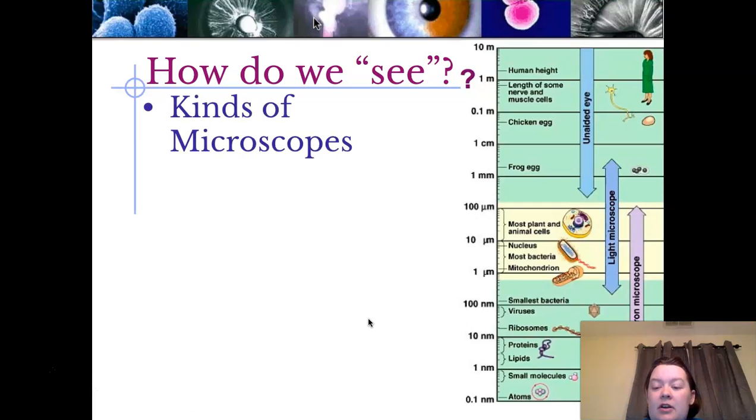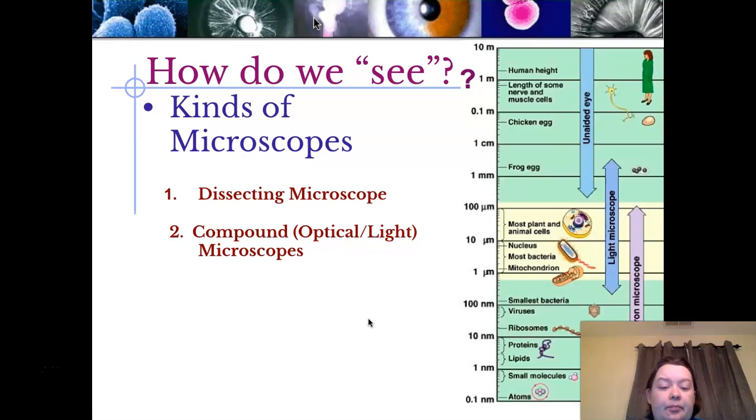So there are going to be various types of microscopes that'll help us see some objects either better or actually see something we can't see at all using our eyes. So the dissecting microscope is used during dissections to help see small structures more clearly.